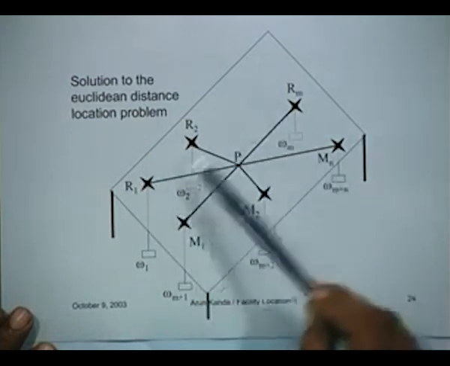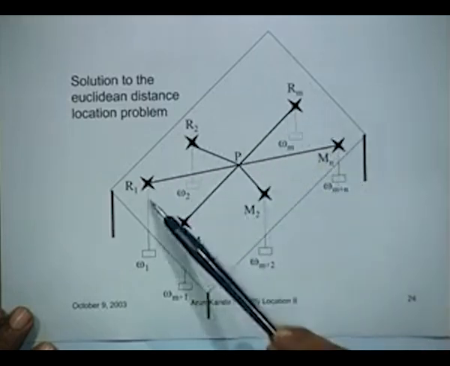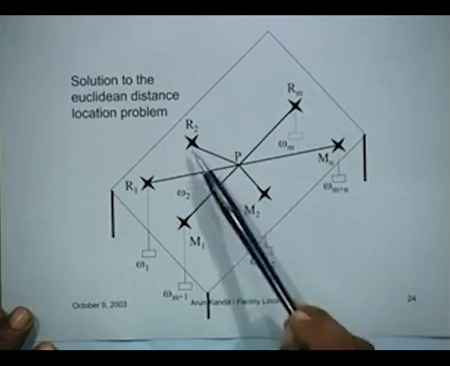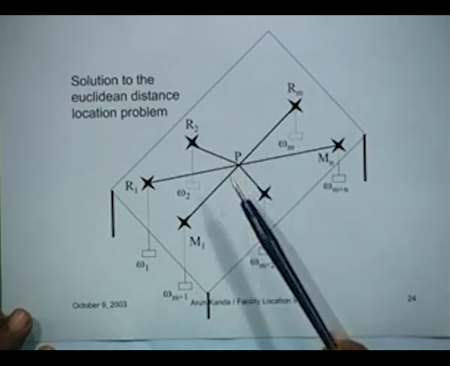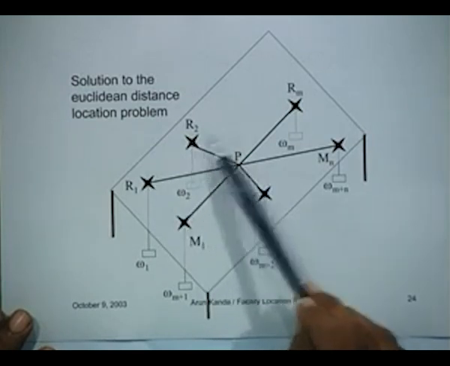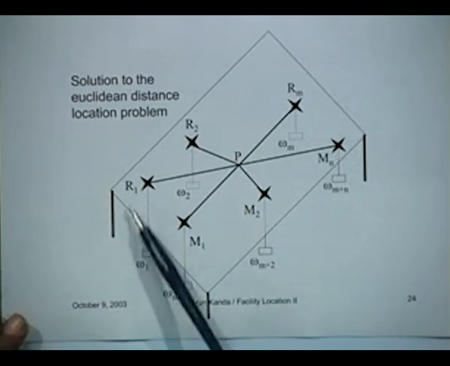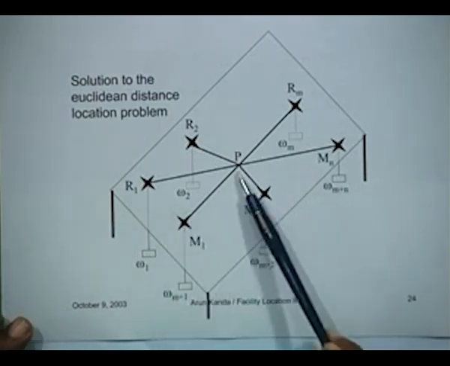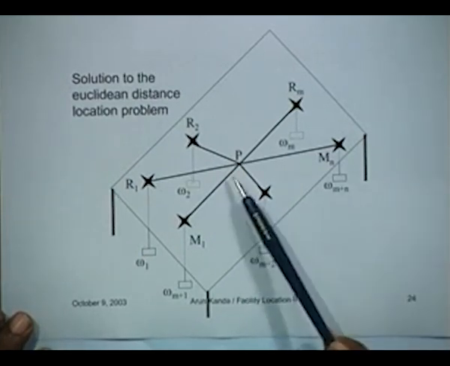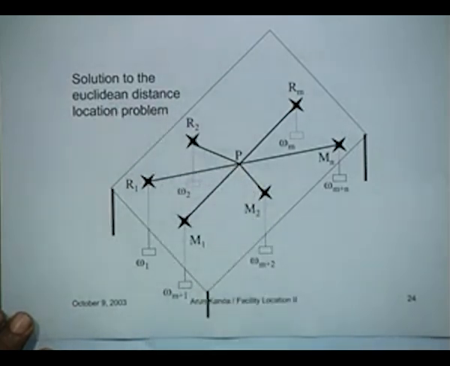All these points, which could be raw material sources and markets, are plotted to scale, and then you take the requisite number of strings, tie them to a common knot, pass one string through each of these holes which you have drilled, and hang a weight equal to the weight corresponding to that particular point. You allow the system to come to equilibrium, and when that happens, the location of P is the solution to the Euclidean distance location problem.